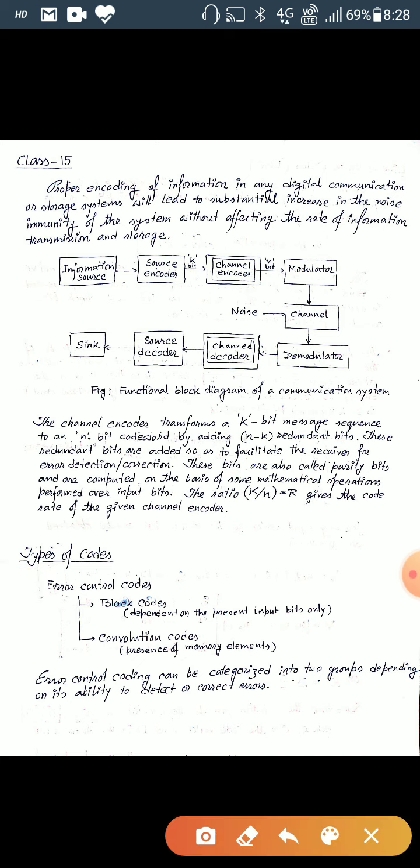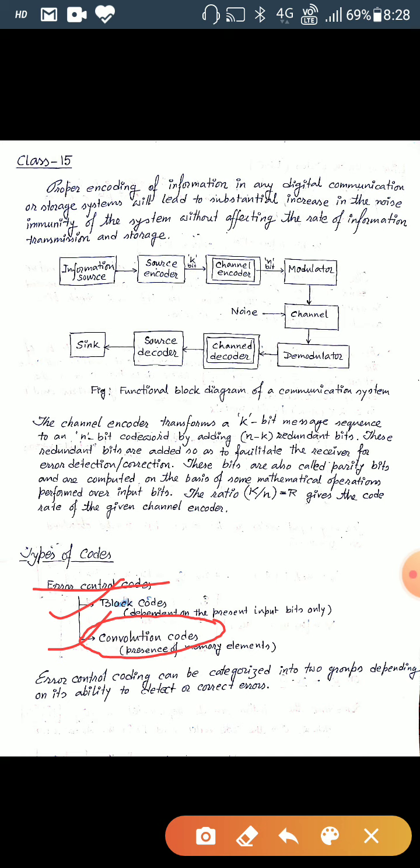Now for the types, if we consider error control codes, they are broadly of two forms. One is the block code and another one is the convolution code. If a memory element is present, that type of code is a convolution code, where the previous data information is also present in the present code word.